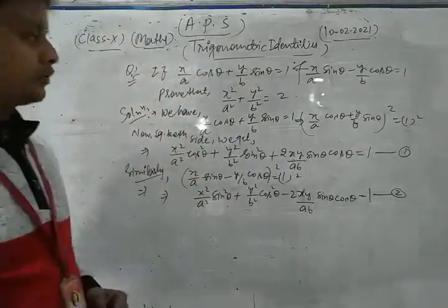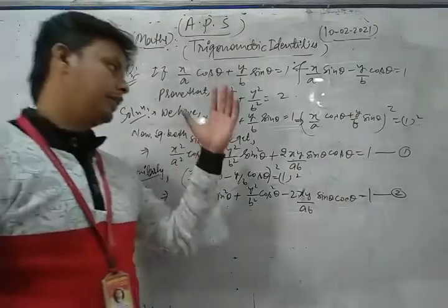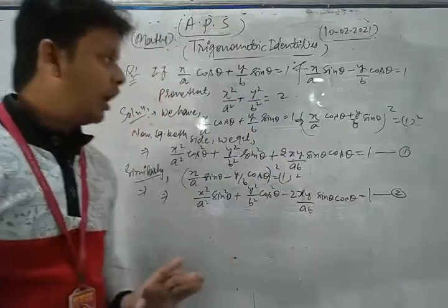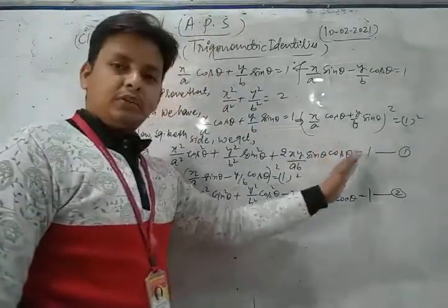So in this way, from the given values, taking squares of both sides, we form two equations. Now what do I do? We add equations 1 and 2.